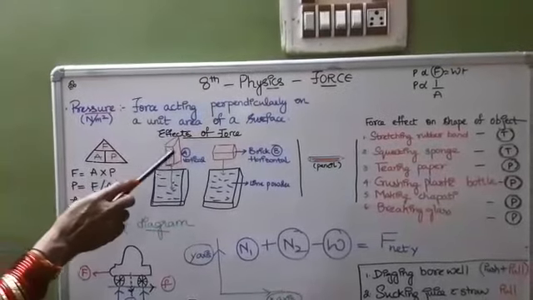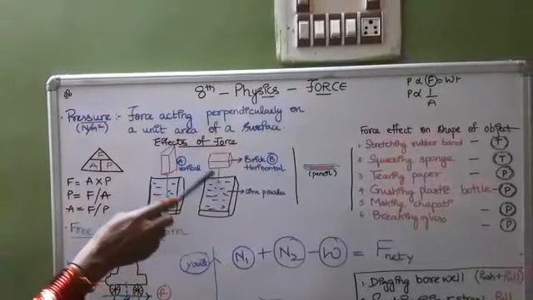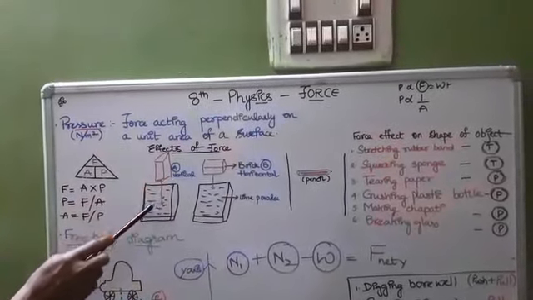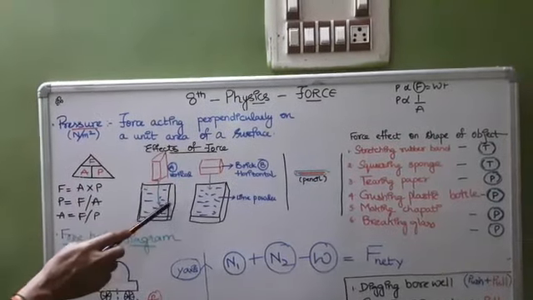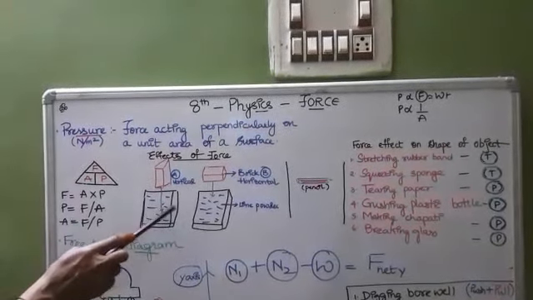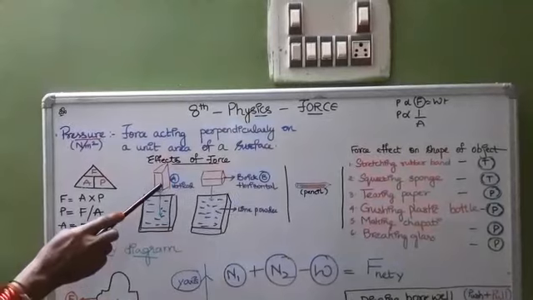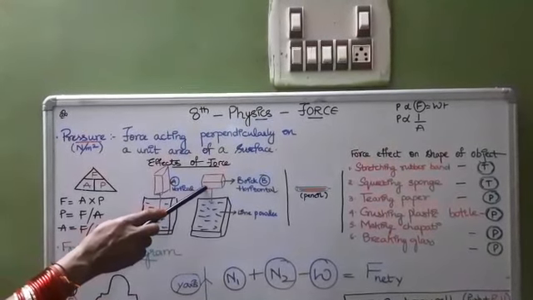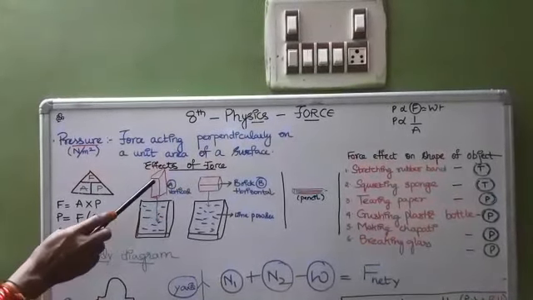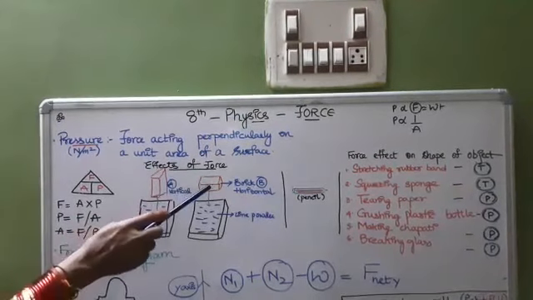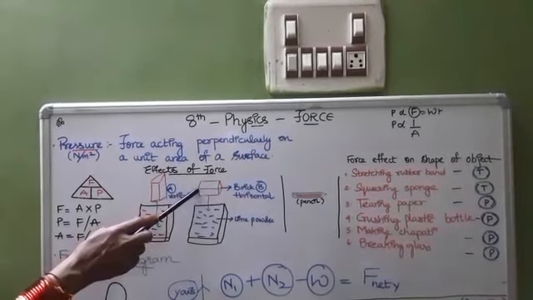Here are two activities that depict the effects of force. Number one, let us take two trays filled with lime powder, and two bricks of the same size and same weight. One is placed vertically and the other is placed horizontally.